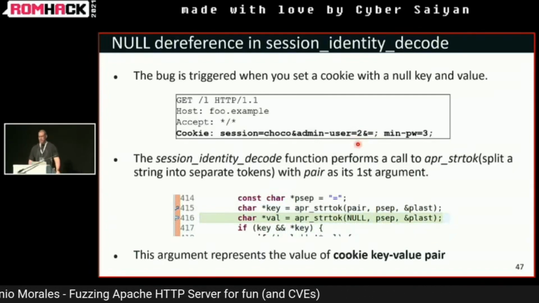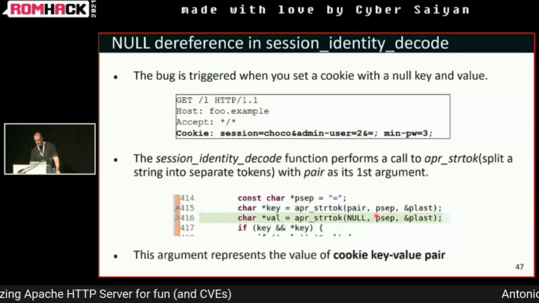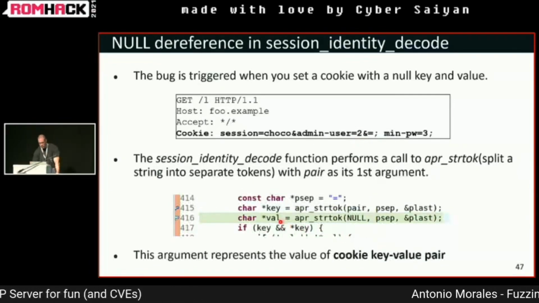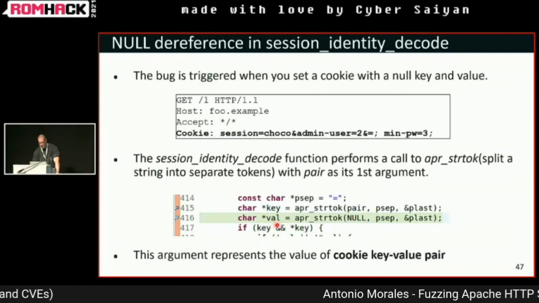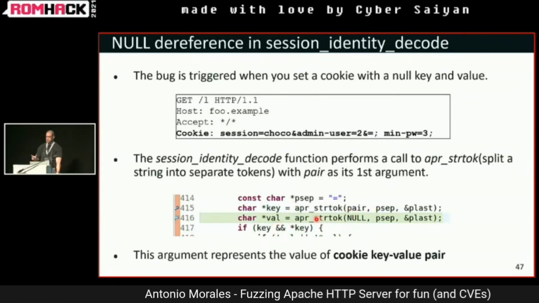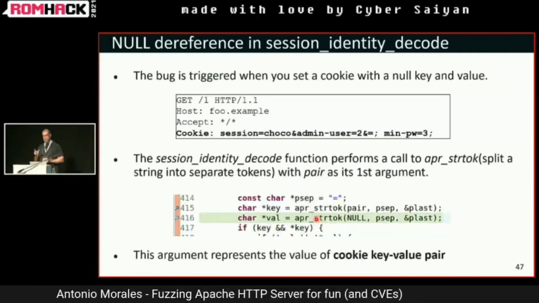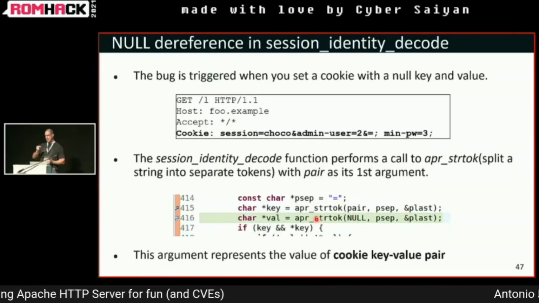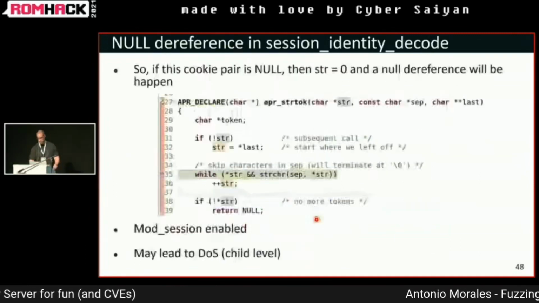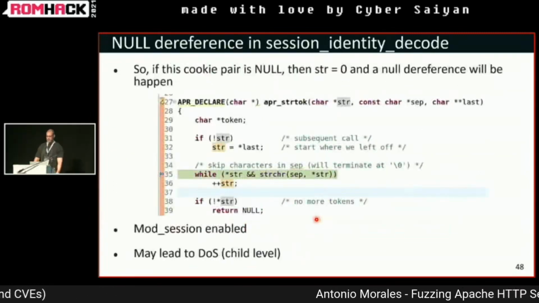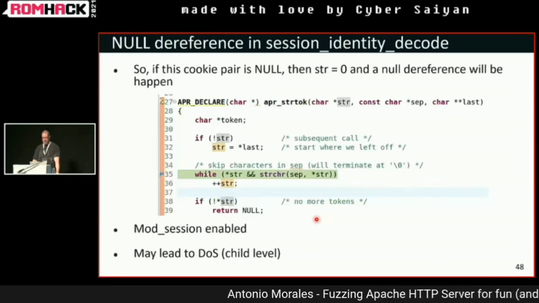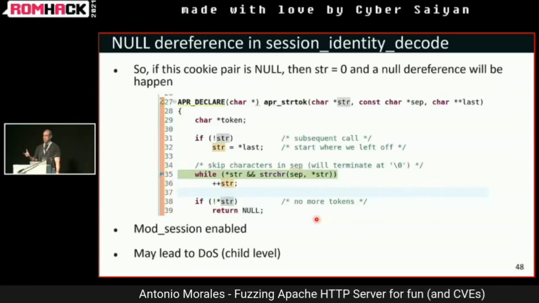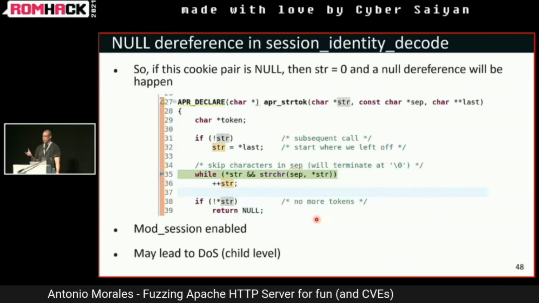What's the problem here? Well, if you look just below, you can see two calls to apr_strtok. These functions try to extract the first and the second value that are the key and the value of the cookie. So that said, let's see what happens in the strtok function when the first argument is null.